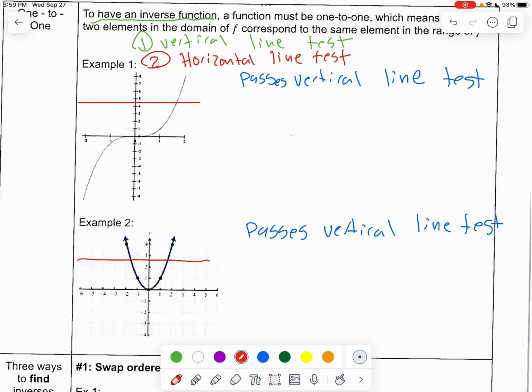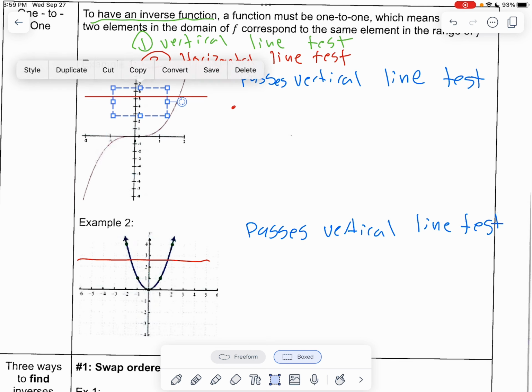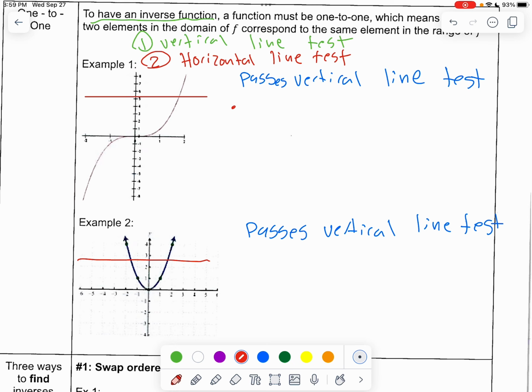And if you note for this one, if you were to move that horizontal line, which I can do, up and down, it's only going to pass at technically one place. So this one on top passes horizontal line test.